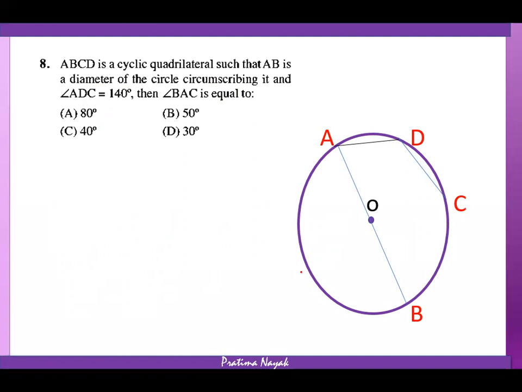Here AB is the diameter, ADC angle, this is your 140 degree. Then the question is, what will be BAC? What will be BAC? BAC will be how much? What about this angle?